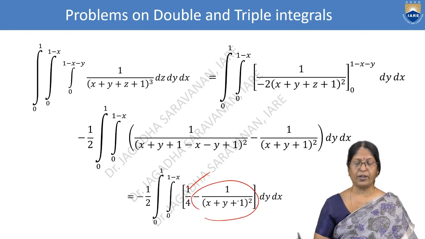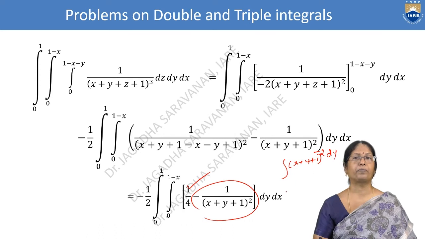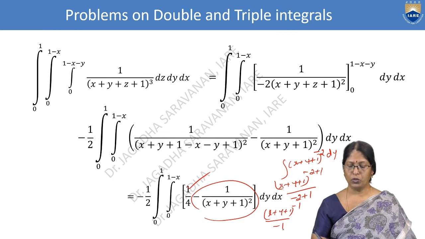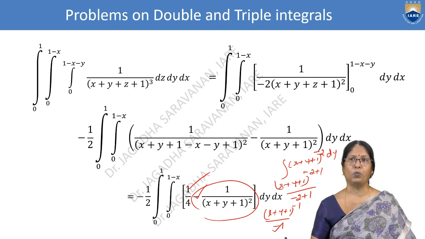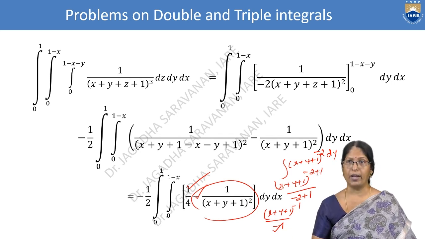Next, this integration, the integral of (x + y + 1) power minus 2 dy, gives (x + y + 1) power minus 2 plus 1 by minus 2 plus 1, which is (x + y + 1) power minus 1 divided by minus 1. So this minus 1 and this minus 1 put together become plus 1, and the power 2 is reduced to 1, that is minus 2 plus 1, minus 1.